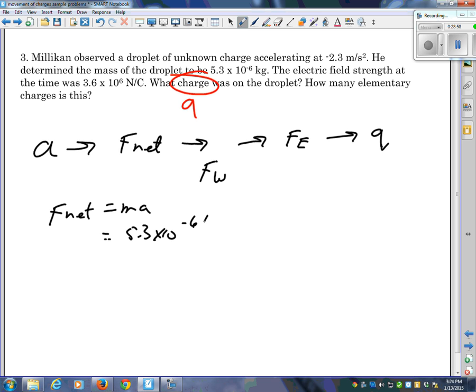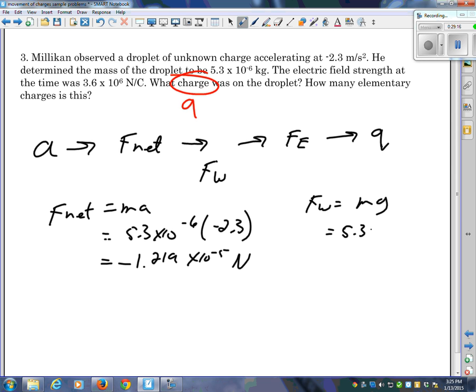Yeah. So I'm going to find the net force first. Times 10 to the negative 11. Wait, that's my net force. I have to, on the side, figure out the weight force. I have the first one wrong, well, that's a good sign.